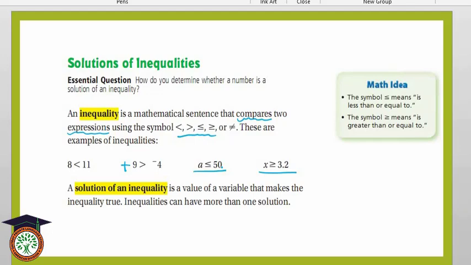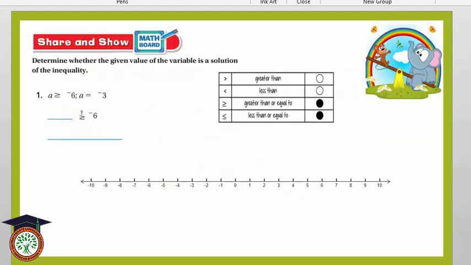So again, what is the meaning of solution? A solution of an inequality is the value of the variable that makes the inequality true. Inequalities have more than one solution. So let's take some examples to understand how we are going to solve inequalities, or what the solutions of inequalities are.